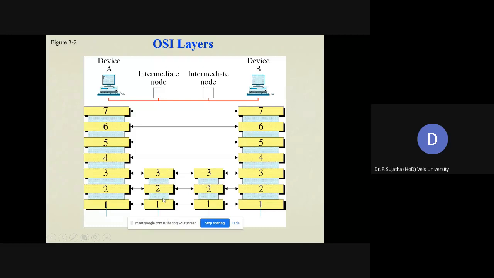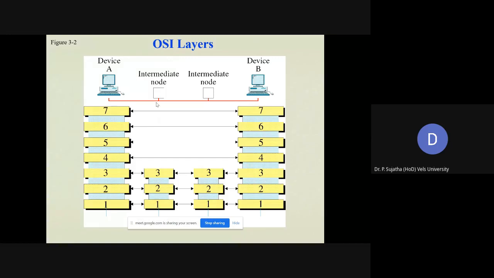From the physical layer to the data link layer, then to the network layer, then to the transport layer, then to the session layer, presentation layer, application layer. Now the good morning message reaches the application layer of the first intermediate node. Am I right?